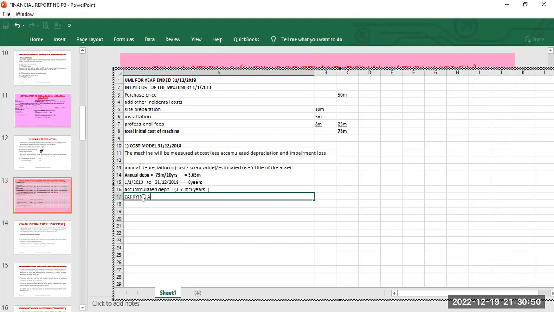Carrying amount is going to be the 73 million, which is the cost, less the 3.65 million times 6 years. When you do that, you will be remaining with 51.1 million.